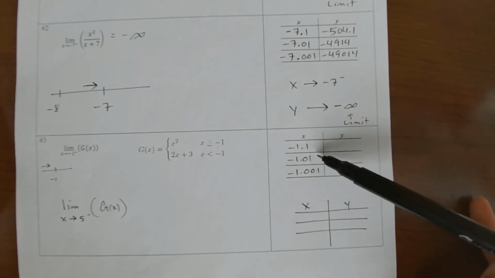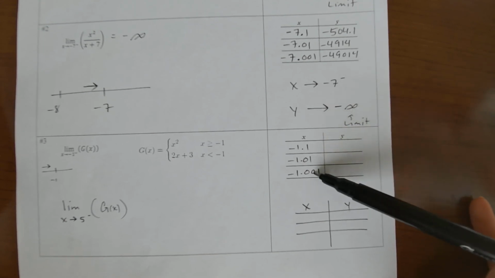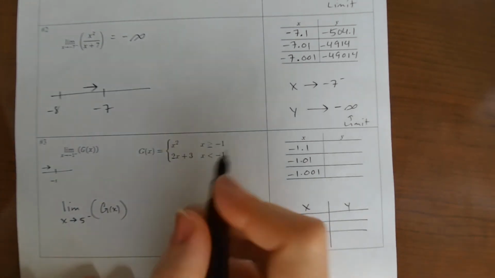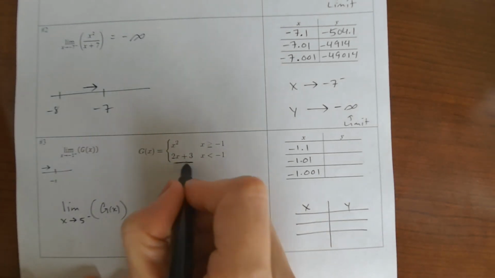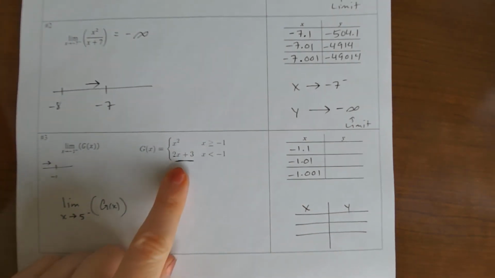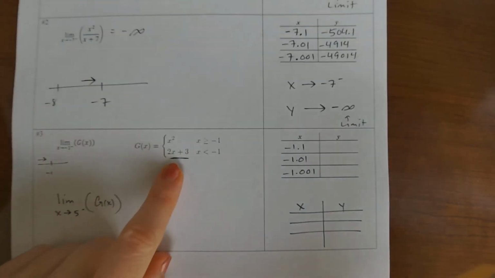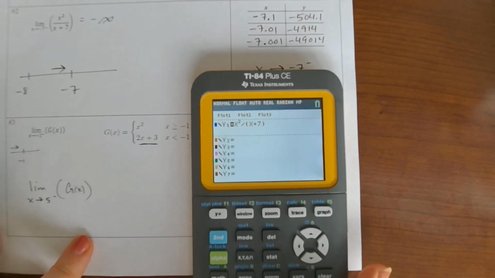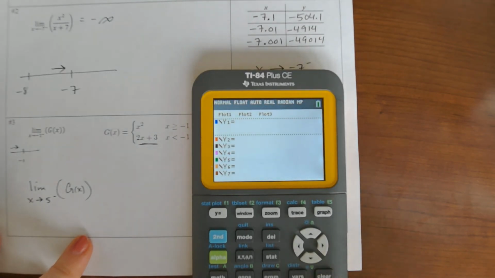Well, all of these numbers are less than negative 1, so I'd be using this piece. So I'm plugging 2x plus 3 into y equals.